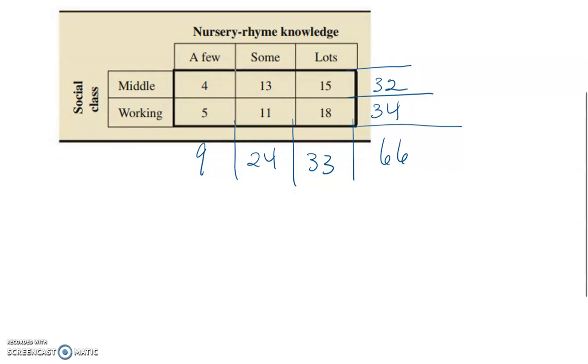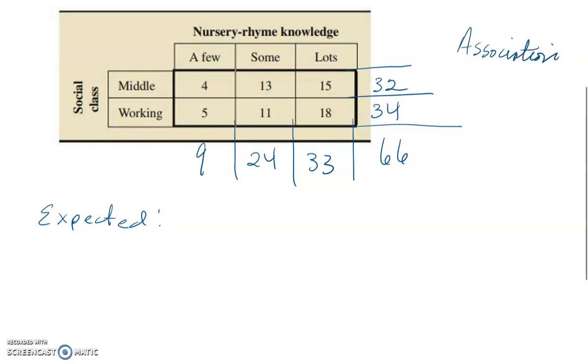So let's think about this for a minute. In order to do a chi-square test for independence, we need observed values and expected values. What we're testing for in a chi-square test for independence is something called association.